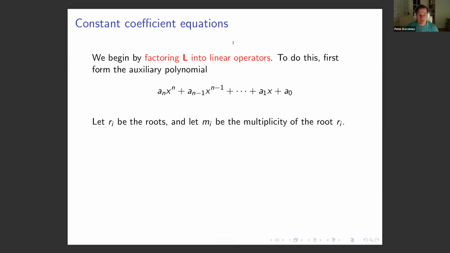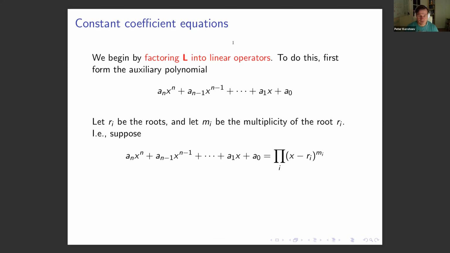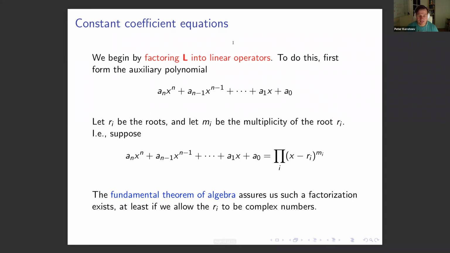Let r_i be its roots, and m_i the multiplicity of root r_i. Then we can write this polynomial as the product of the following factors, as we know very well from algebra. The fundamental theorem of algebra shows that such a factorization exists, at least if you allow the r_i's to be complex numbers.